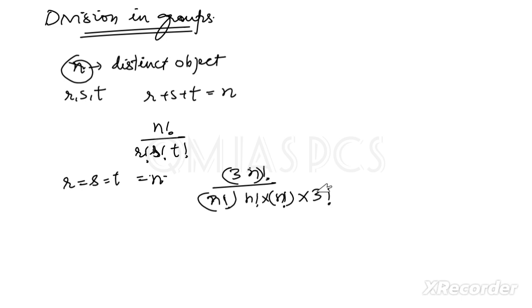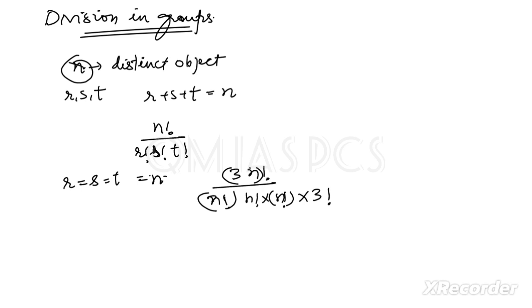Why are we dividing by 3 factorial here? Because in the case of equal sized groups, false counting occurs, as the internal arrangements of groups should not be considered.